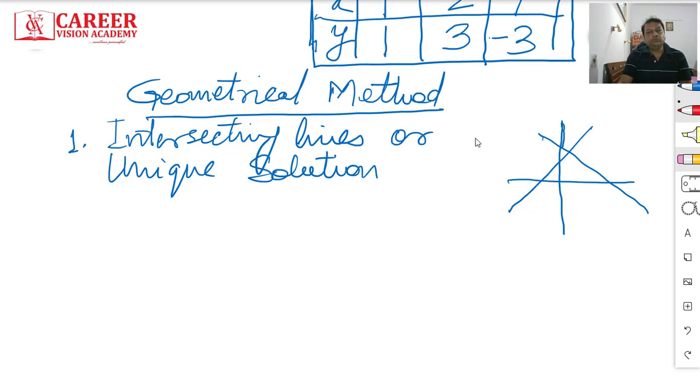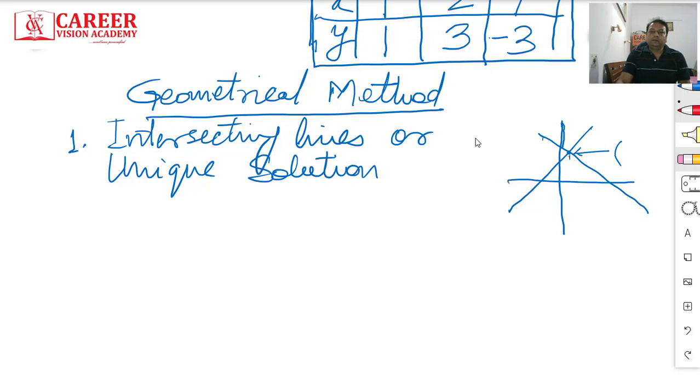Unique solution means you have one solution of these equations. One solution means since the lines are intersecting, they will intersect at one point, and this point where they are intersecting is the common point on both the lines. And since this is the common point, that means this lies on both the lines. So this point will be the solution of these two equations.